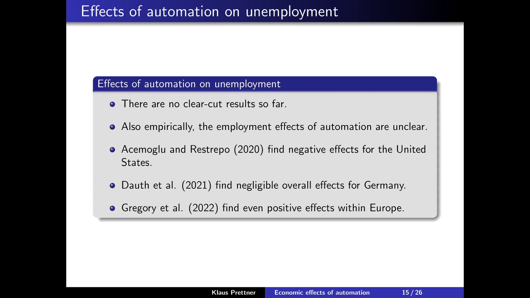And even more, Gregory and co-authors in 2022 find that there can even be positive employment effects, and find this basically within European countries. So also the empirical evidence is inconclusive here, and this matches again with the theoretical considerations that are also inconclusive, where it depends a lot on which underlying model of unemployment one uses.